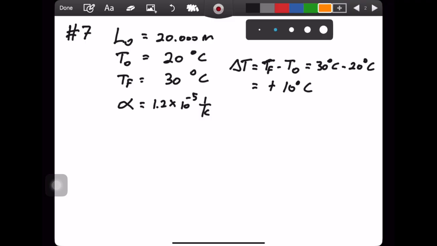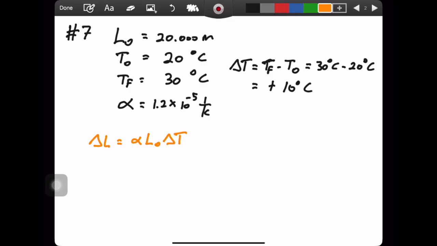So, we are going to say the change in L is equal to the coefficient of linear expansion multiplied by the original length of the object multiplied by delta T. We have all of these values. We have 1.2 times 10 to the minus 5, 1 over K, we have 20.000 meters, and we have 10 degrees Celsius, and that's positive.